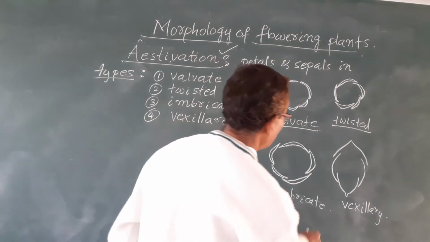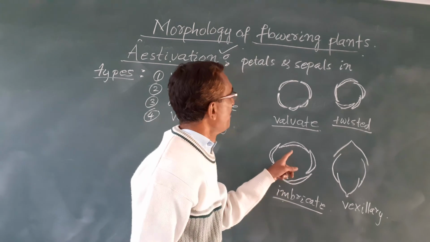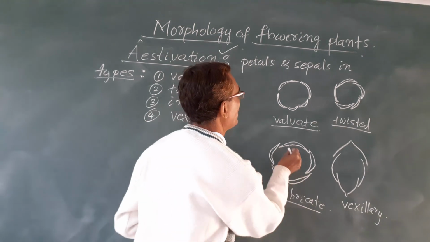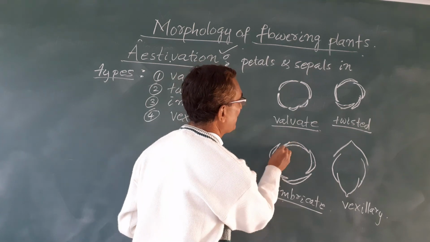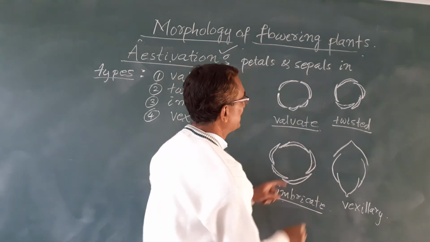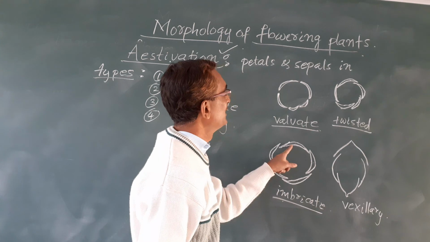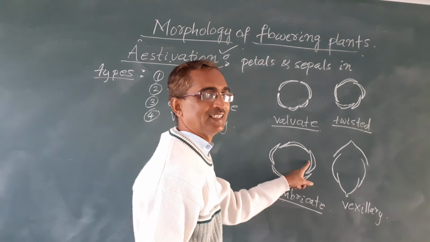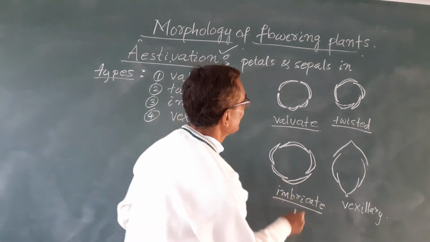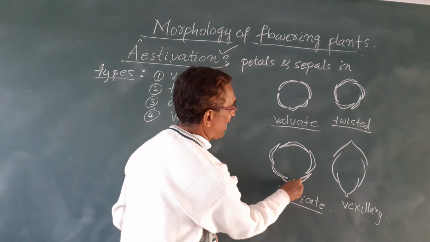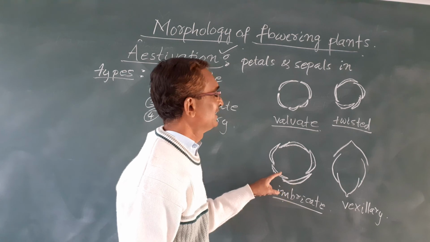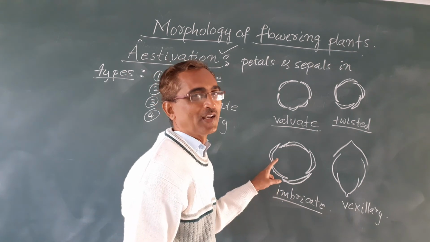In case of imbricate, one member out of five is completely inside, overlapped by adjacent members, and one is completely outside, and the other members are overlapping it.